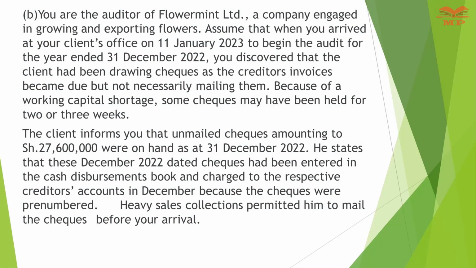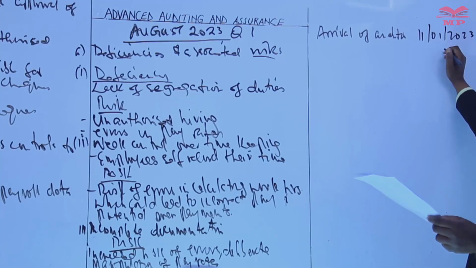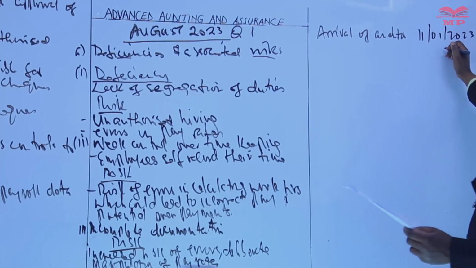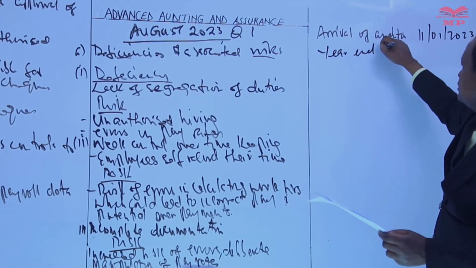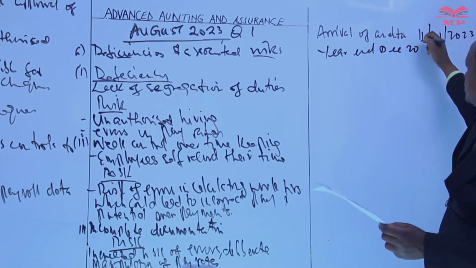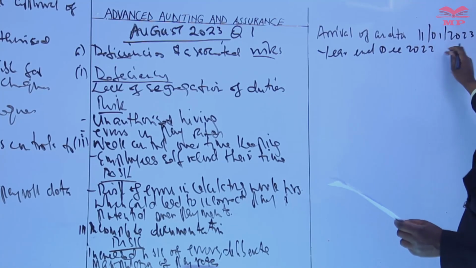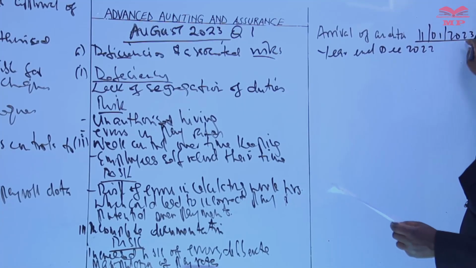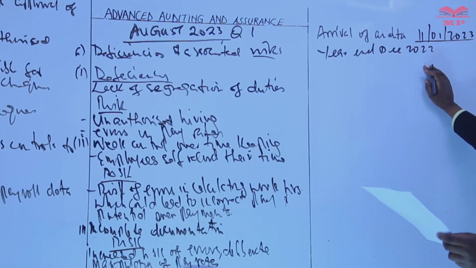This is 11th January 2023, to begin the audit for the year ended 31st December 2022. So the year end is December 2022. So you arrived in January 2023 to audit the December 2022 records.